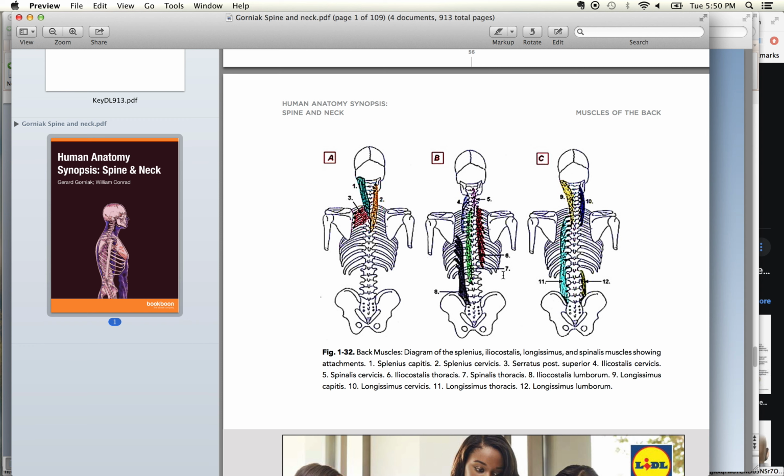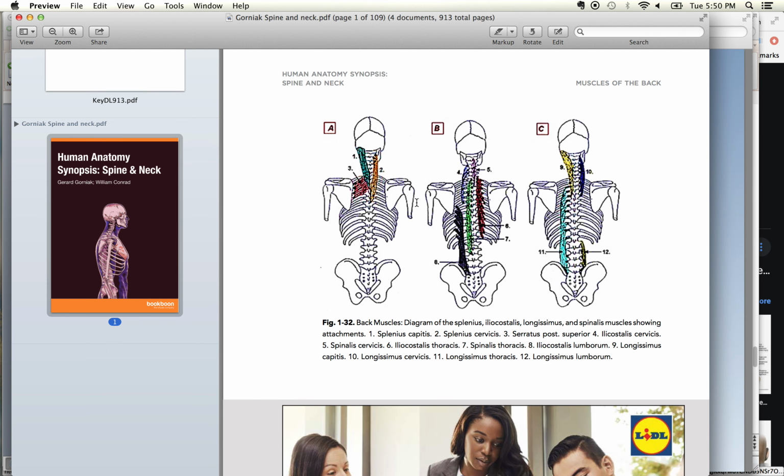Staying in that same layer, we move on to the spinalis cervicis. Spinalis cervicis attaches at the spinous process of C2. It's number 5 here, kind of blurry, but you can imagine how that attaches at the spinous process. And because it attaches right dead center in the middle right there, when that muscle contracts, it's going to extend the cervical spine.